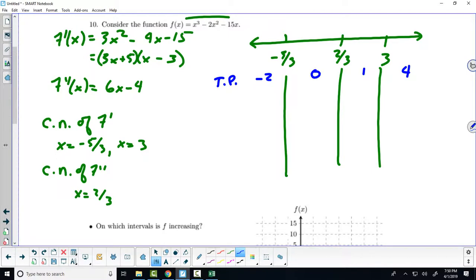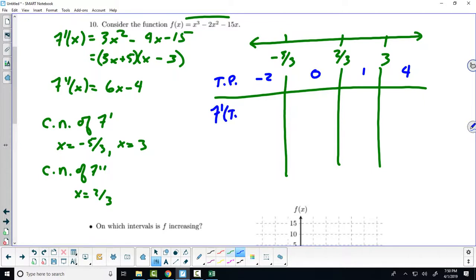So now I'm going to evaluate all of these interval test points in the first derivative to look for where the function is either increasing or decreasing. So we're going to do that increasing decreasing test on it. If I plug -2 into the first derivative, it looks to me like we would be, that can't be right.